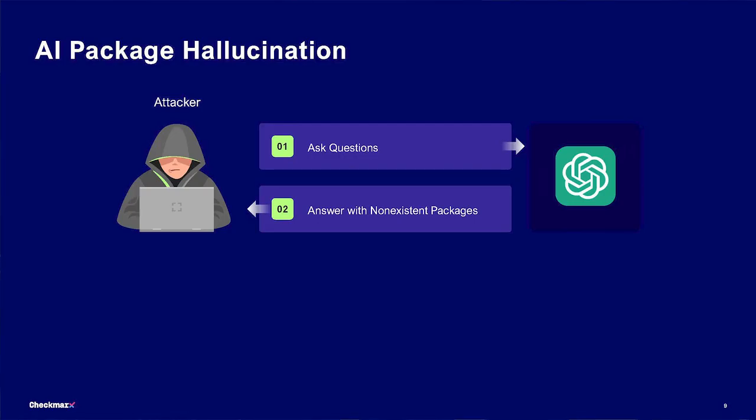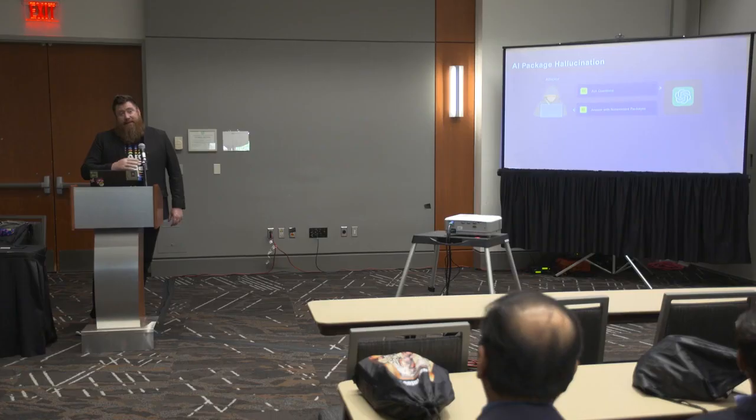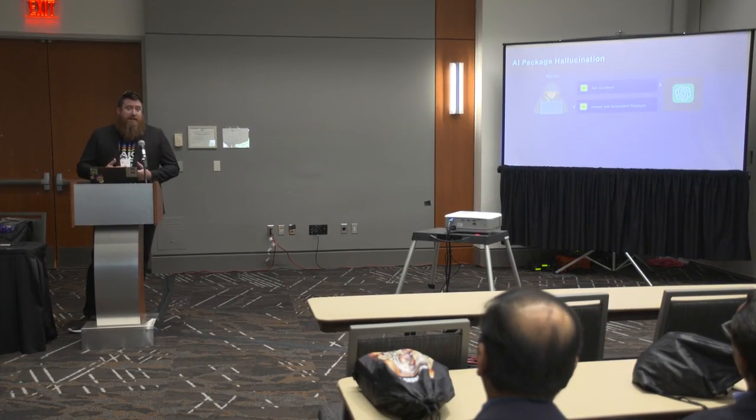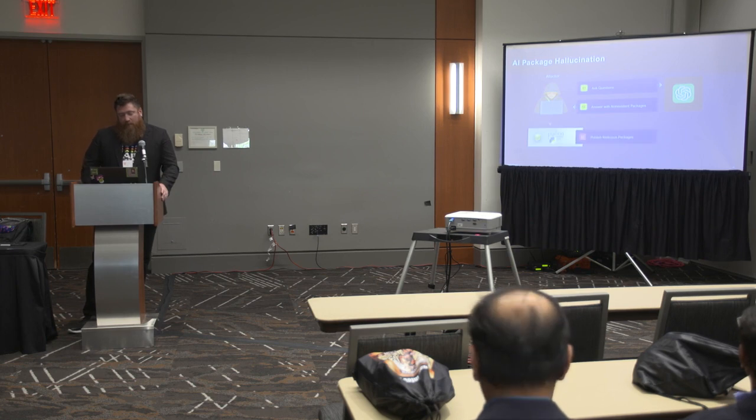It's not really a big deal, because if you do your research, you're going to find that it doesn't exist, no problem. But if I'm an attacker asking those same questions, I could find all the ones that exist, throw those out, I could take the ones that don't exist, and then I could create those packages with malicious intent. I could also use other attack surfaces within the supply chain to make it look like those packages have been around, to trick users.